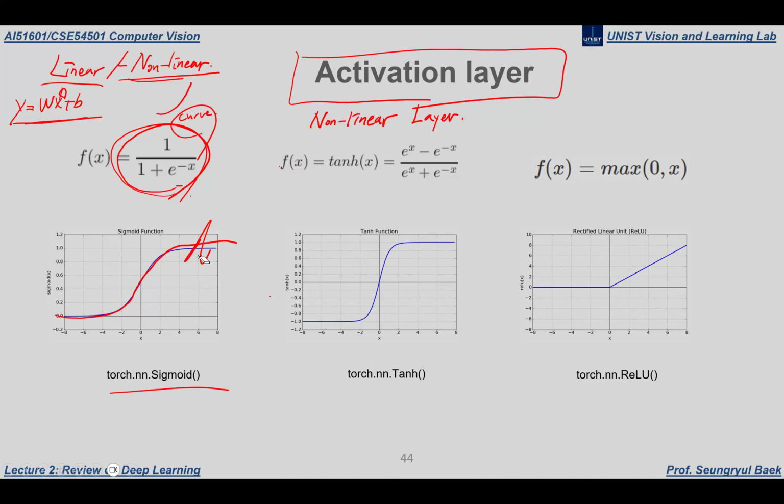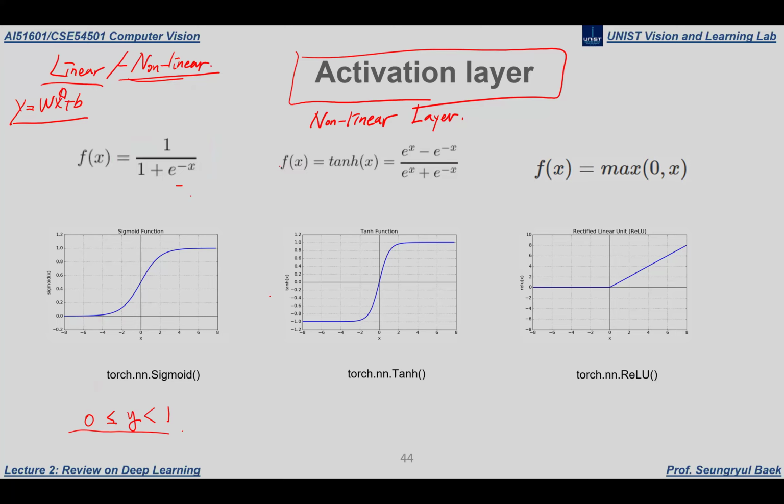Anyways, for sigmoid, the thing you have to remember is that their x values are defined from minus infinity to infinity, but their y values are defined from 0 to 1. Their y values are bounded to 0 and 1. That's the sigmoid function.